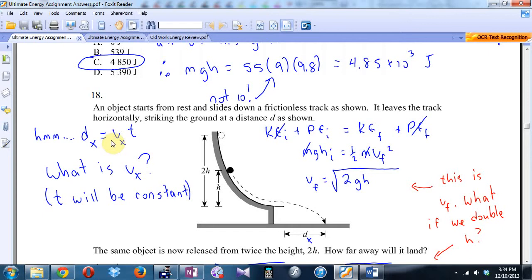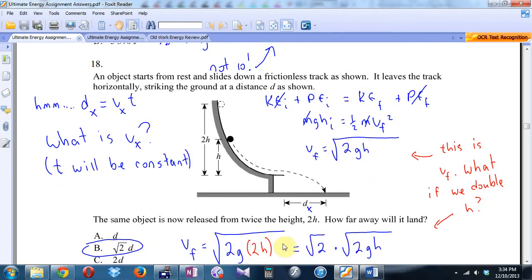I said, all right, let's get the v by itself, and let's really analyze it. This is v final right now from a height of h. What if I double the height? Now, if I double the height, instead of an h, you know what I'll have right there? A 2h. Like that.